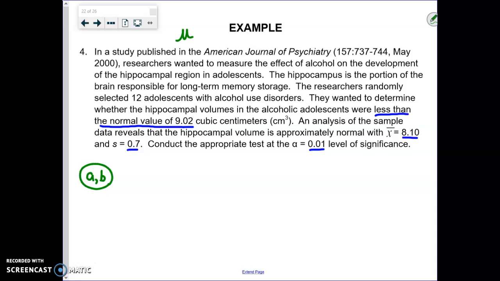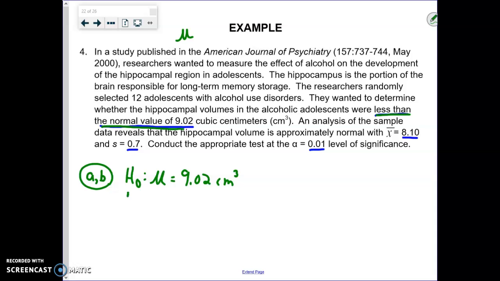So the null hypothesis, ladies and gentlemen, would be that the mean hippocampal volume was 9.02 cubic centimeters. Okay? Now, the alternative comes from this. They were testing whether in alcoholic adolescents, that volume was less than normal.